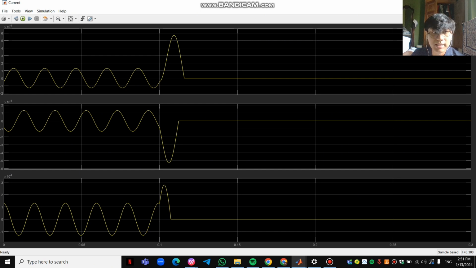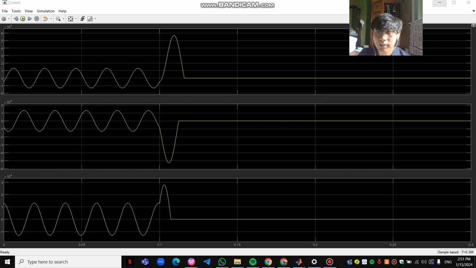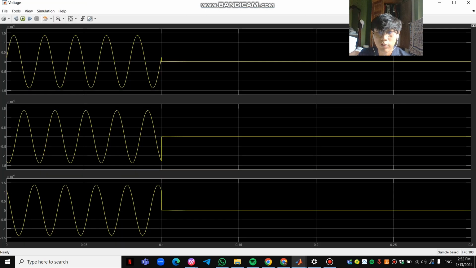So this is the result for the current. The voltage here is the same: it flows normally, then increases, and then goes to 0.